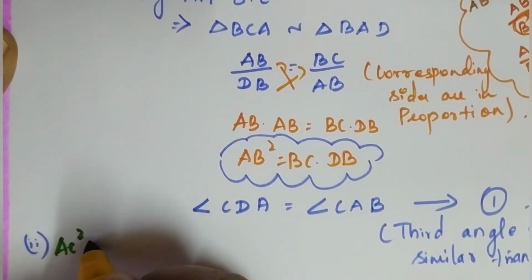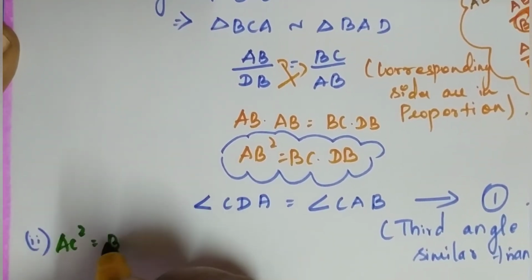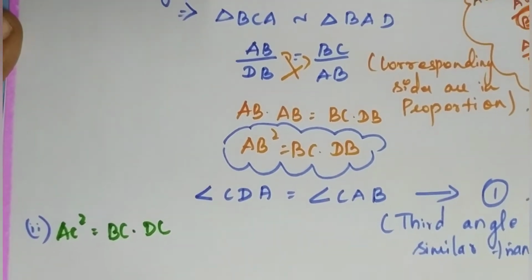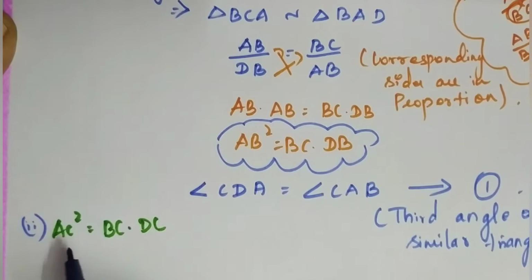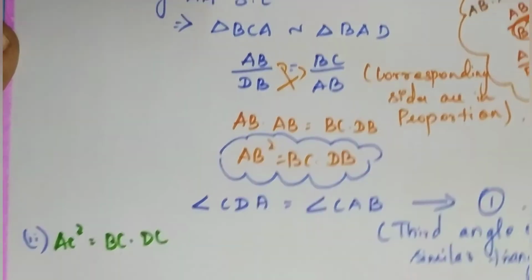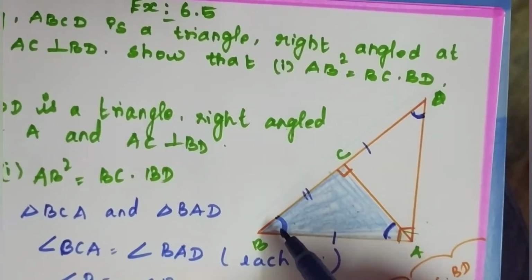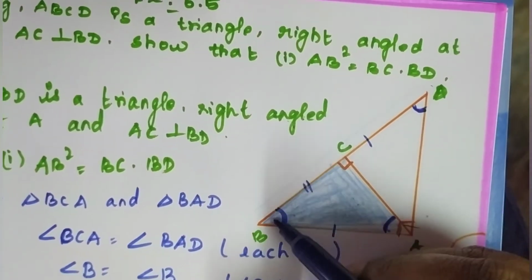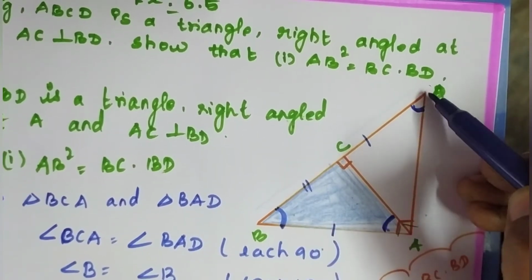AC square is equal to BC into DC. So now you have to tell which two triangles we have to take. BC, DC. So where is BC? BC is here and DC is here. So this is one side and this one is one side.